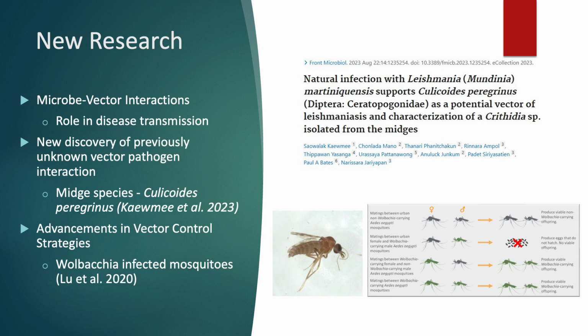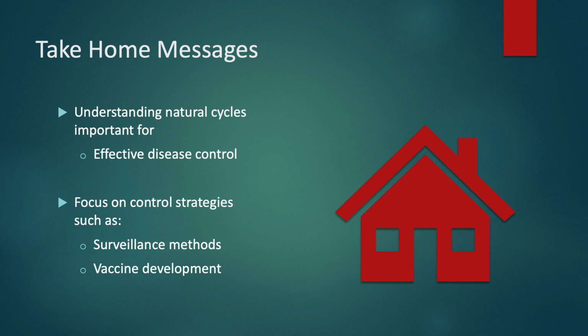Overall, the take-home message is to understand the natural cycles that are important for effective disease control, and to also focus on control strategies such as surveillance methods and possible vaccine development. We know from the past and from other research, there have been attempts at vaccine development.